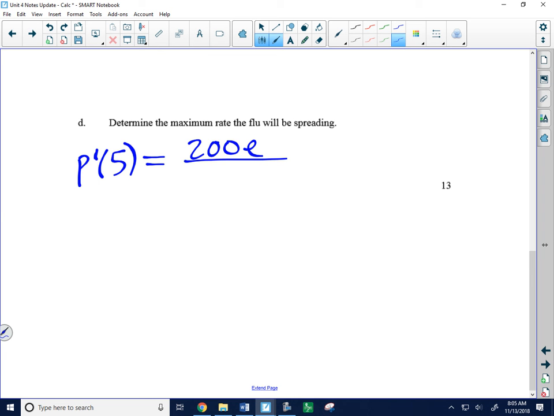So I'm going back up to my derivative. 200e to the 5 minus t will be 200e to the 5 minus 5, which is 0. And the same thing happens on bottom, 1 plus e to the 5 minus 5, which is 0. e to the 0 is 1, so it's 1 times 200.